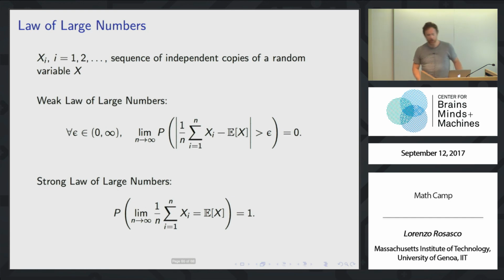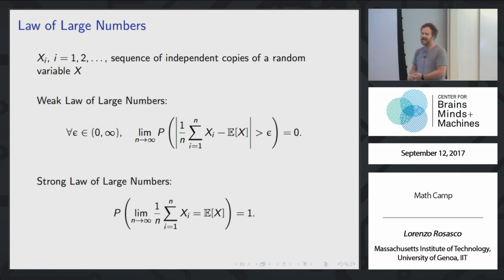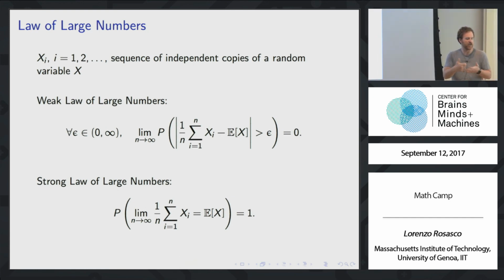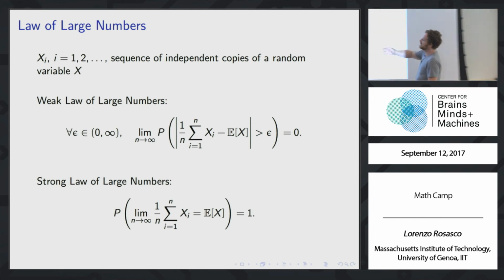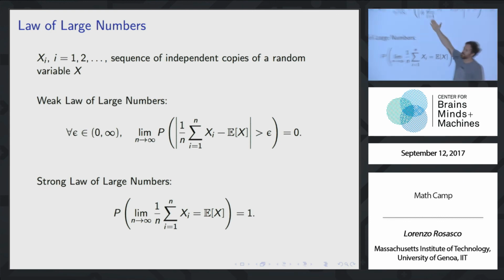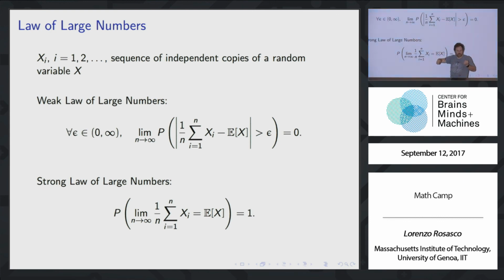We're going to use this mostly to do stuff like this. There's a general idea that if you have random events, you can use them to learn something about some underlying phenomenon. It's, of course, everywhere in machine learning. And the typical idea is that if you take an empirical average of a sequence of identical and independent random variables, and you let this sequence go to infinity, you take the mean over more and more things, it's going to go somewhere.